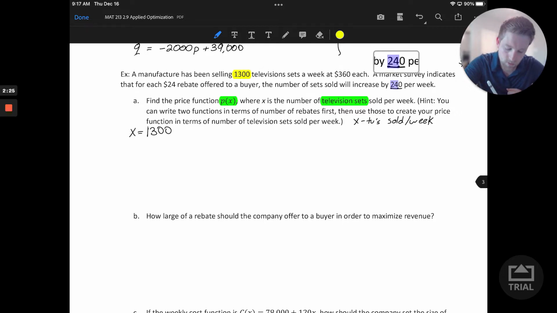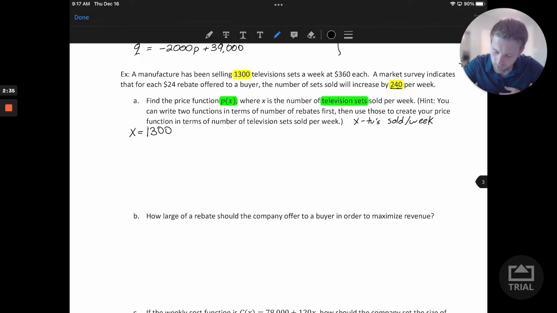And we should be able to gain 240 sets per rebate offered, or per discount. So we could add to this quantity 240 per rebate, and I'll call that R. And this will be just the number of rebates. And again, those rebates are $24 a piece, so we'll have to keep that in mind for later. So that would be a quantity equation.